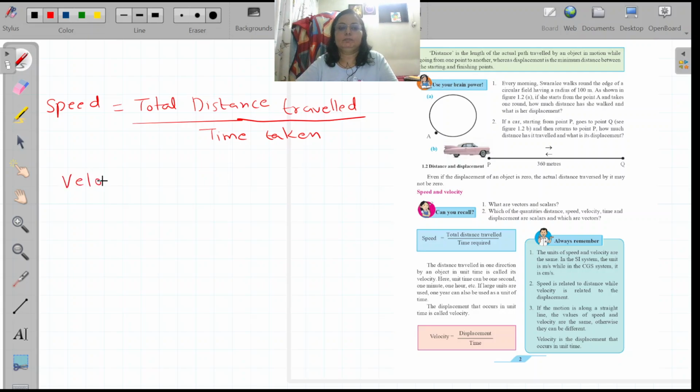But what is velocity? Velocity is defined as distance travelled in one direction by an object in unit time. The shortest distance travelled in one direction in unit time, which is nothing but displacement upon time.